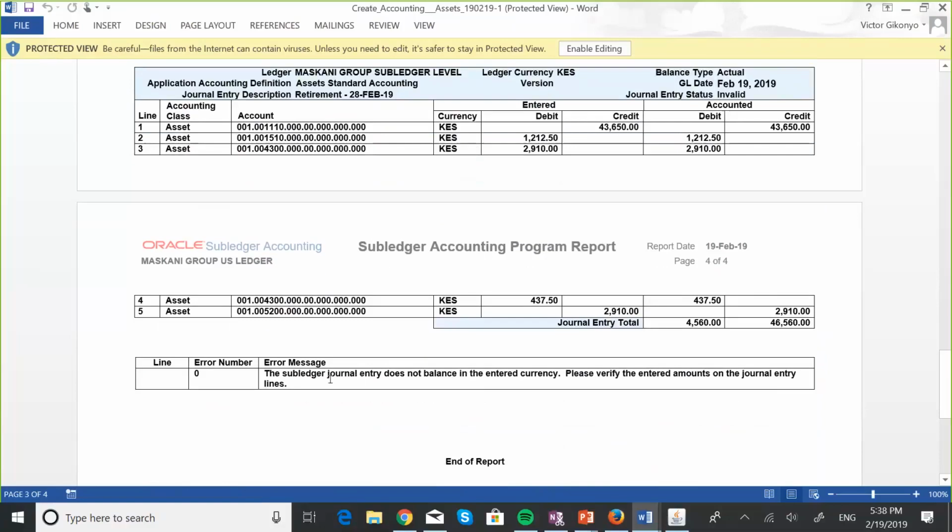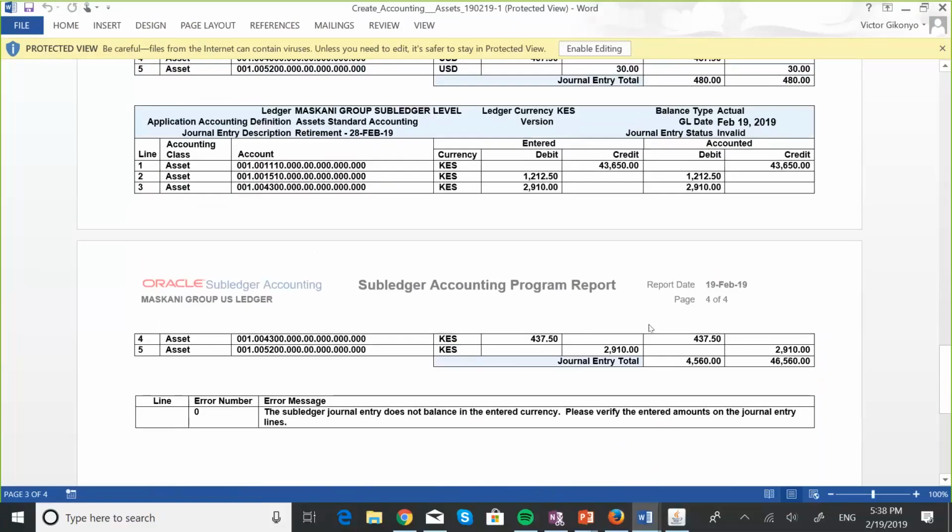The subledger journal entry does not balance in the entered currency. Please verify the entered amount. So it says there's something that's not balancing.